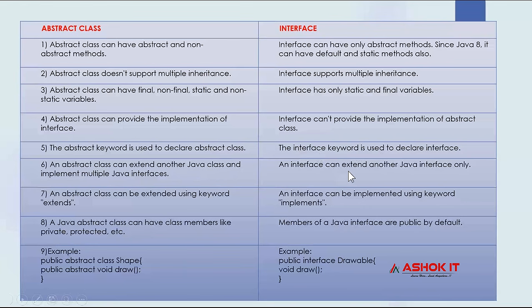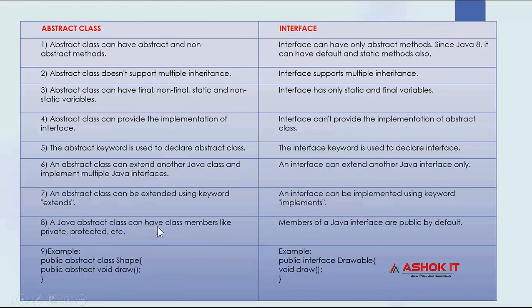An interface can extend another Java interface only. An abstract class can be extended using the keyword extends. So when we create a child class for an abstract class, we use the extends keyword followed by the abstract class name. Whereas to inherit an interface, we use the implements keyword followed by the interface name.